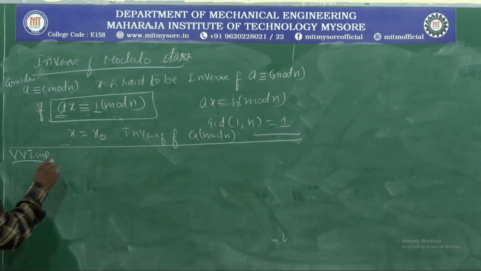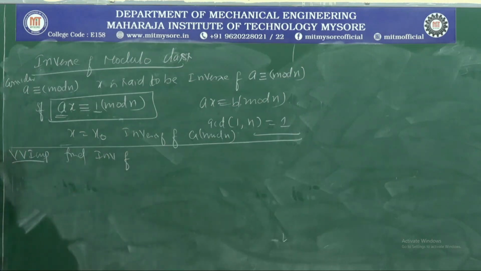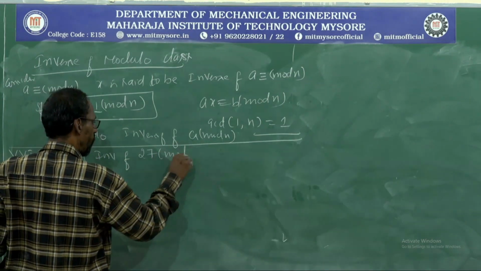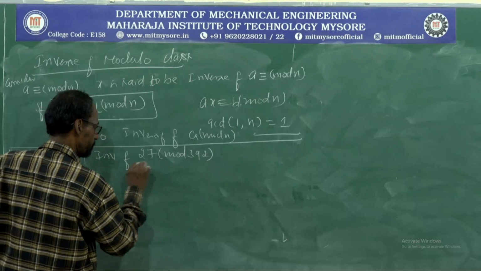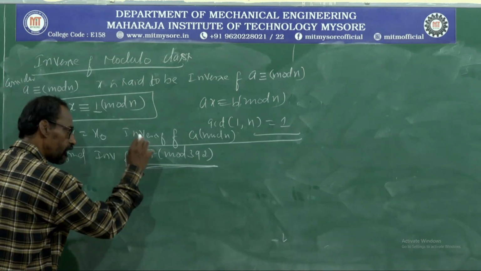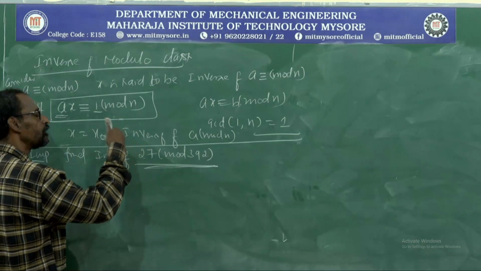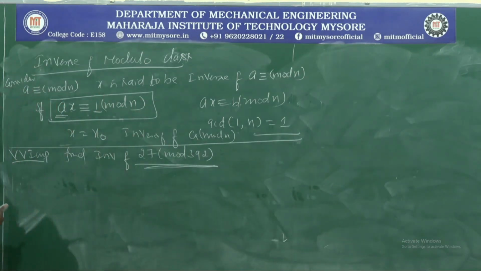Find the inverse of 27 mod 392. So what do we do now? We convert this particular problem into mathematical modeling called a linear congruent equation.